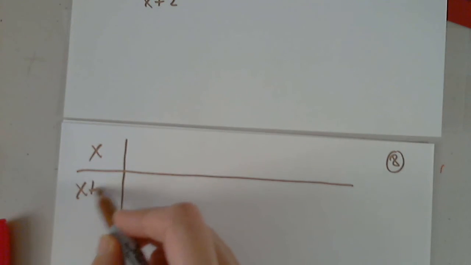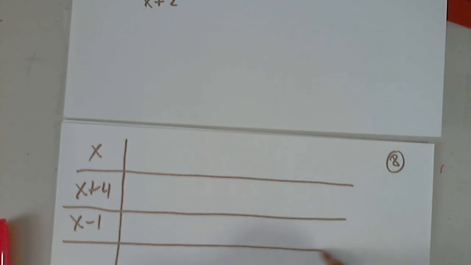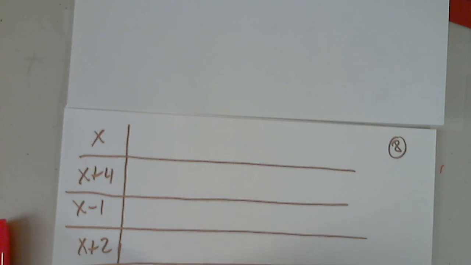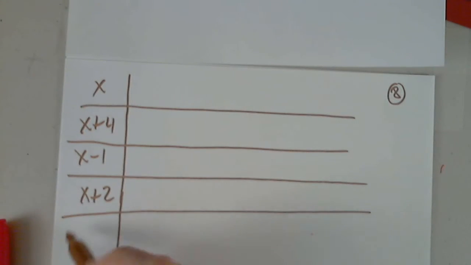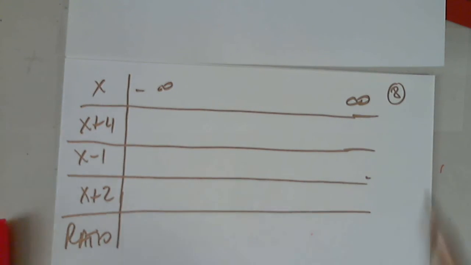And then we have x plus 4, the first factor, x minus 1, the next factor, x plus 2, the next factor. And because I'm lazy and I don't have enough room, I'm going to write ratio, which is the whole thing. X between negative infinity to infinity. And I need 3 numbers in the table. Can anyone give us 3 numbers in the correct order?